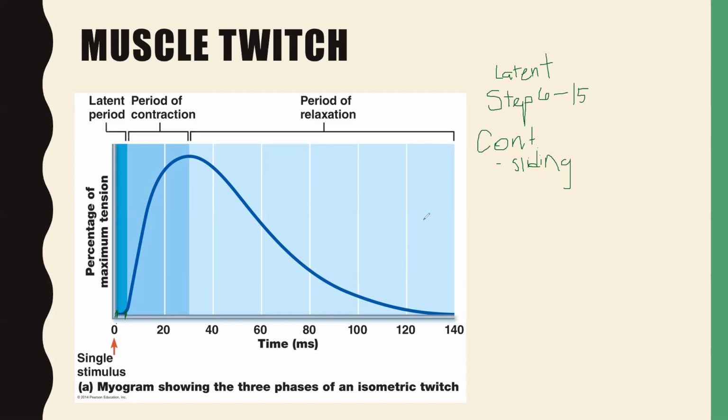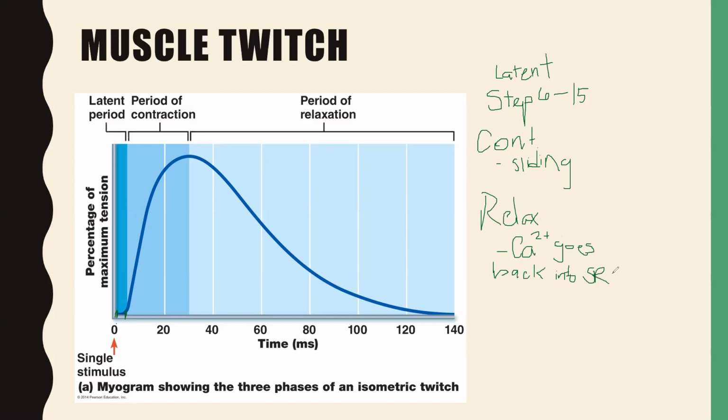And then the period of relaxation is returning back to normal. The important thing we want to remember there is that calcium goes back into the sarcoplasmic reticulum, and so it's pumped back in there.